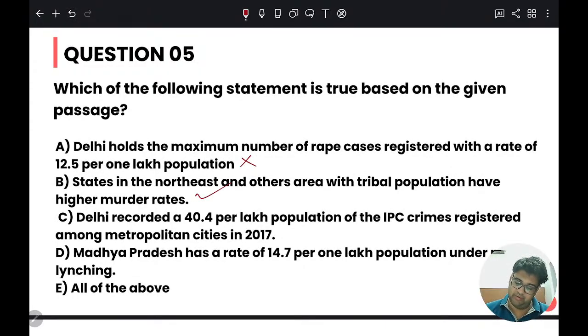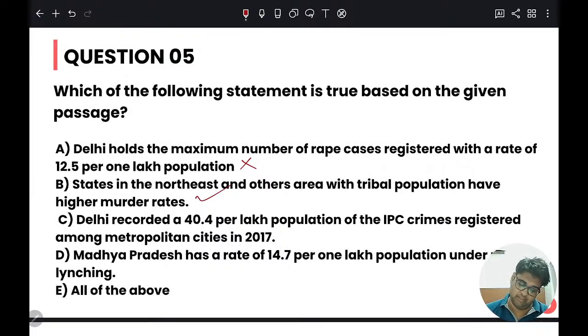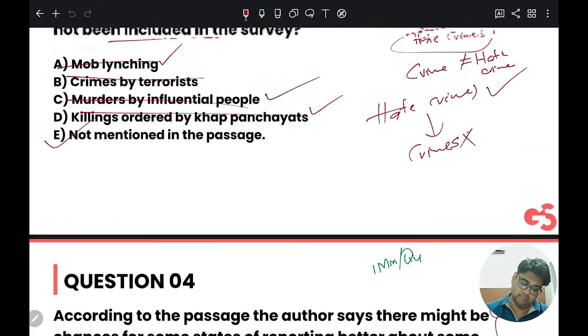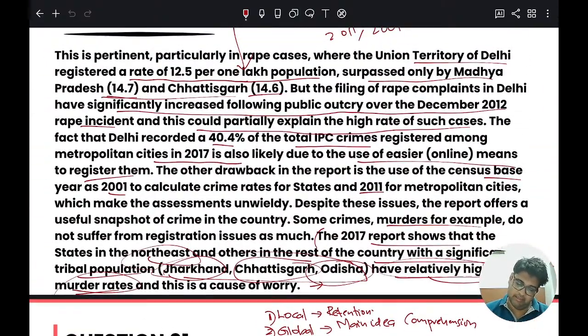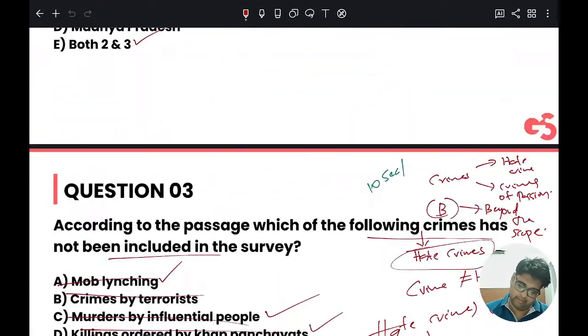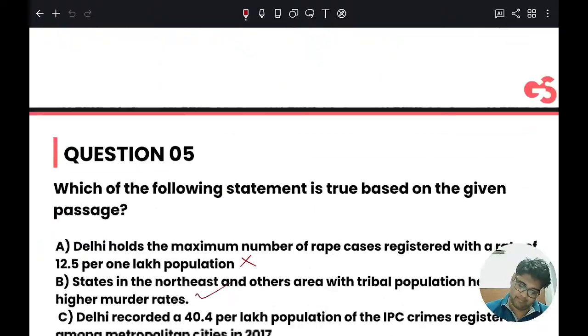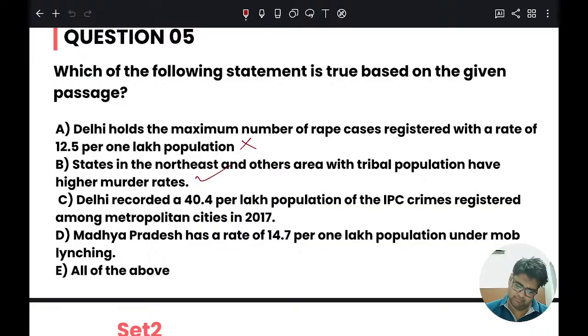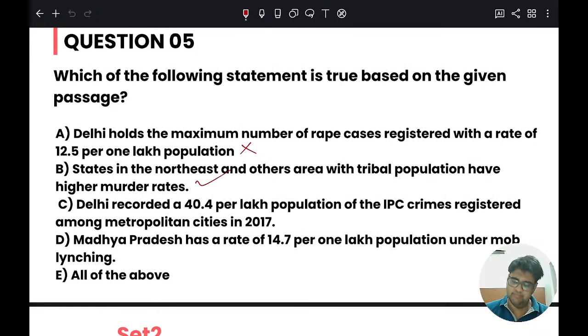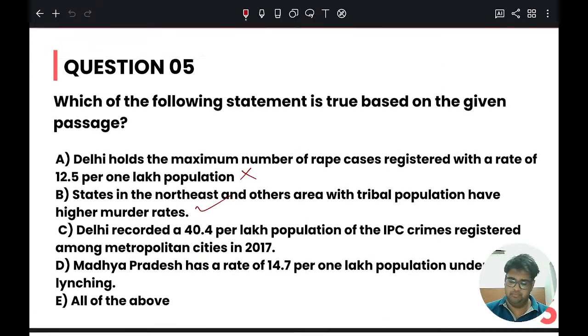Delhi records 40.4 per lakh population of the IPC crime registered among metropolitan cities. Let's see. 40.4%. We do have some stats here about Delhi. The fact that Delhi recorded 40.1 of the total items registered among metropolitan cities is likely due to the online. Okay, now that is right. Let's see. Per lakh.